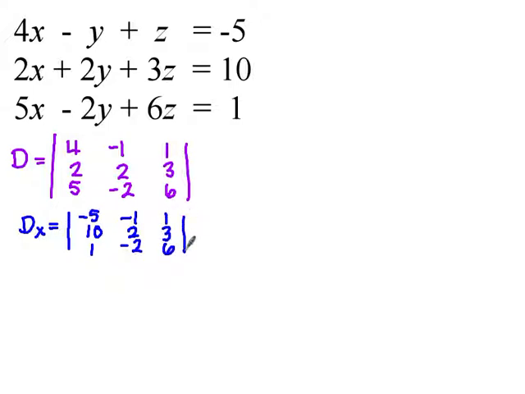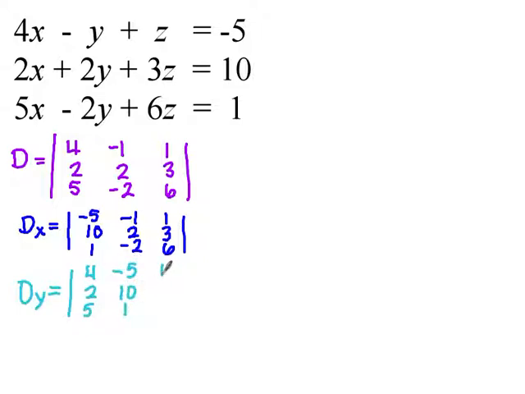Okay? Because remember, what we do is we use the numbers to the right of the equal sign, and I just replace the x column. Now I've got the y column, Dy. The x column stays the exact same, so the x column will still stay 4, 2, 5. What does the y column become? 1, 5, 10.